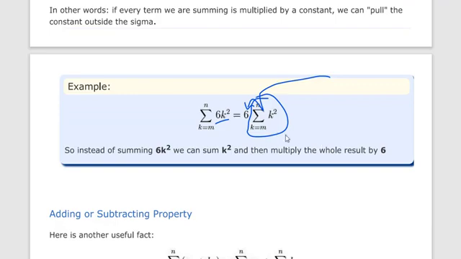In this way we only have to multiply one time with the 6, but if you use the other formula, you have to multiply every term with the 6 and then add.